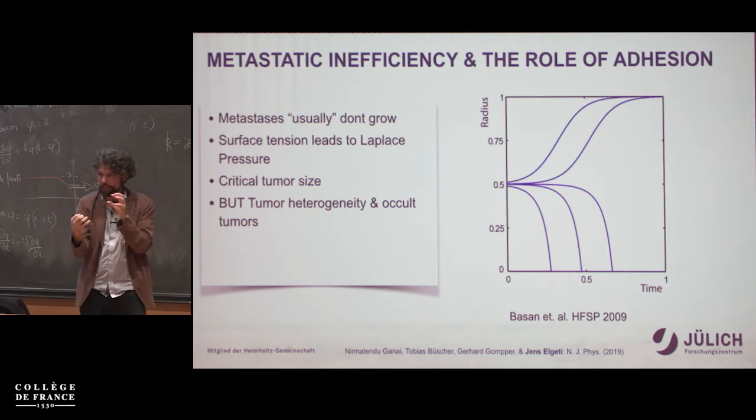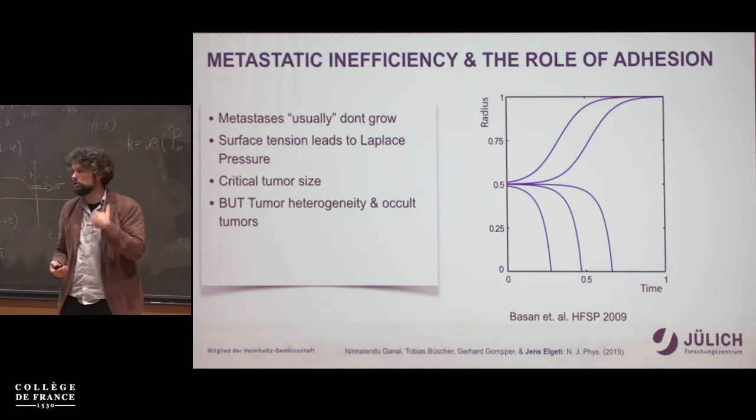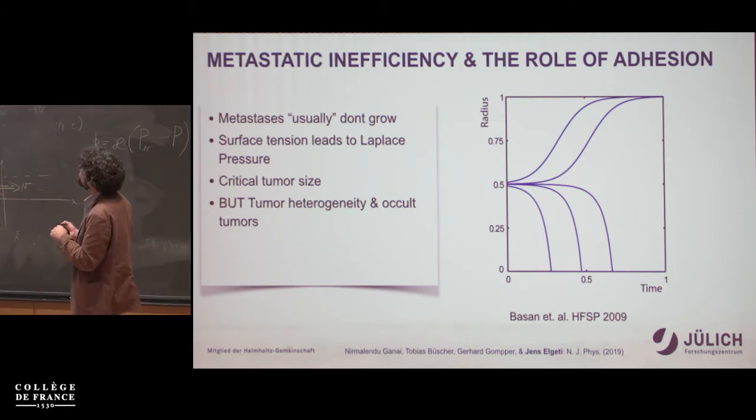Surface tension creates a Laplace pressure, and that kills the cells, which basically gives you a critical radius. If the initial colony of cells is somehow larger than, in these units, 0.5, okay, the metastasis dies off. If it's larger, it takes over the compartment completely.